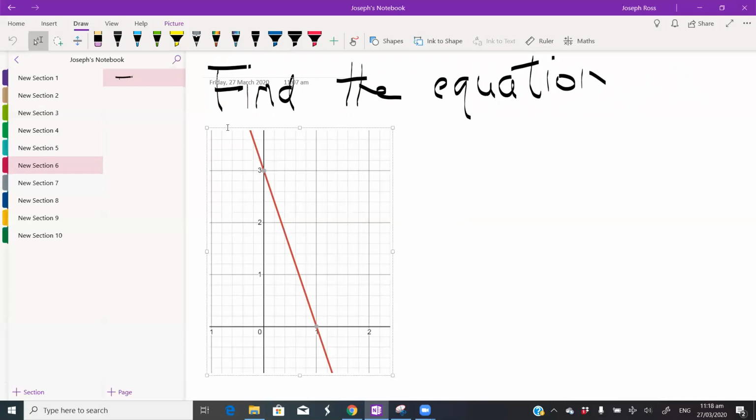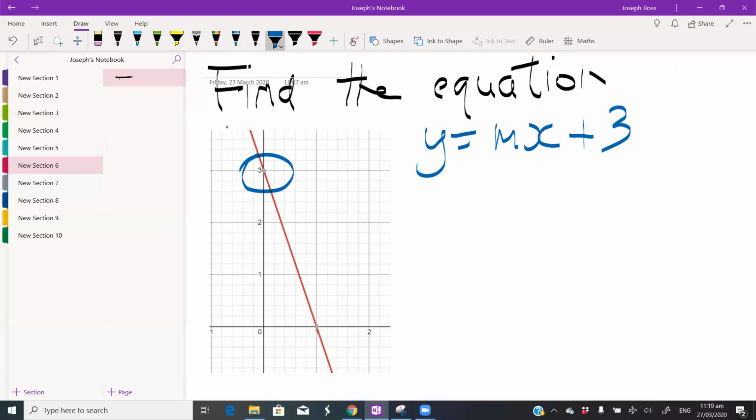Looking at that graph, the first thing we notice is that we have a y-intercept of 3, so we can see immediately that the value of c is 3. So our equation is going to look like y equals mx plus 3.